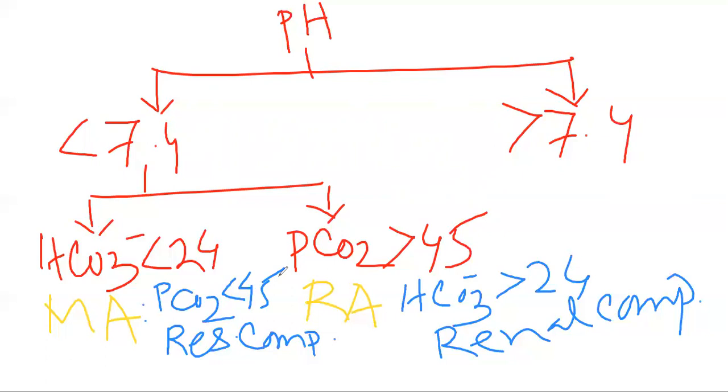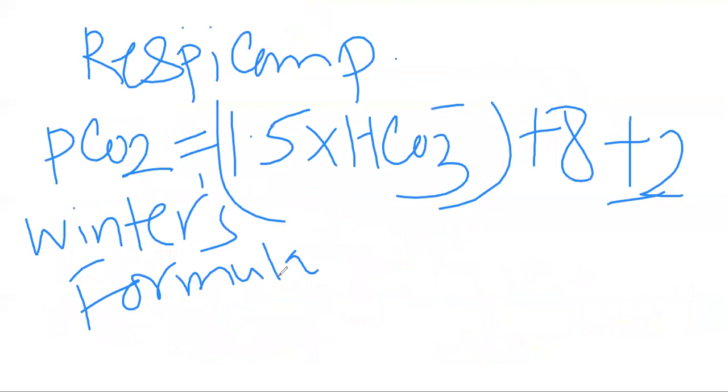So the figure for the PCO2 in your case, if it matches this equation, that is PCO2 is equal to 1.5 into bicarbonate plus 8 plus minus 2, then you can understand that it is due to respiratory compensation.